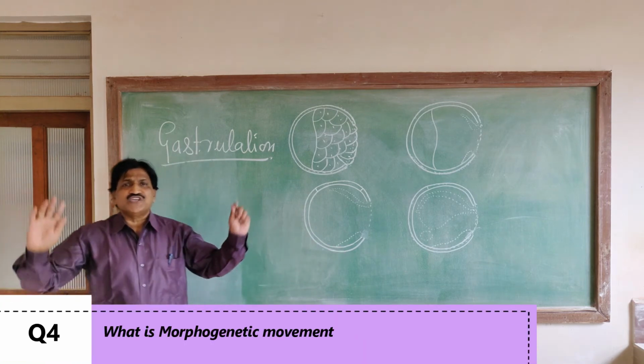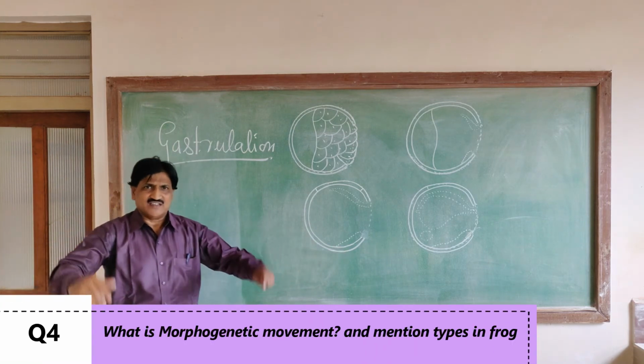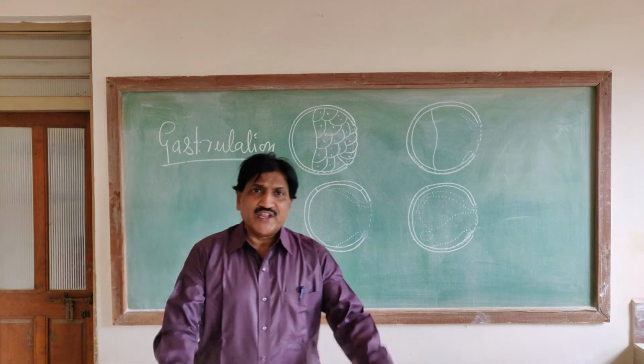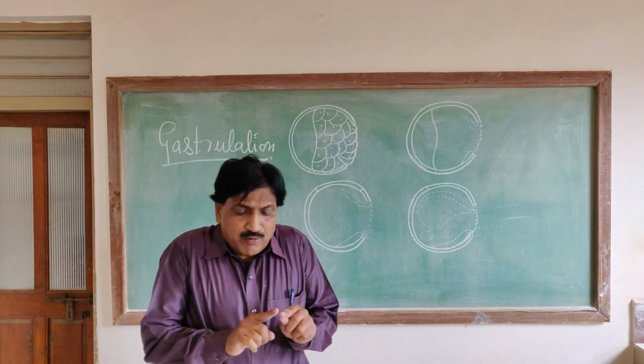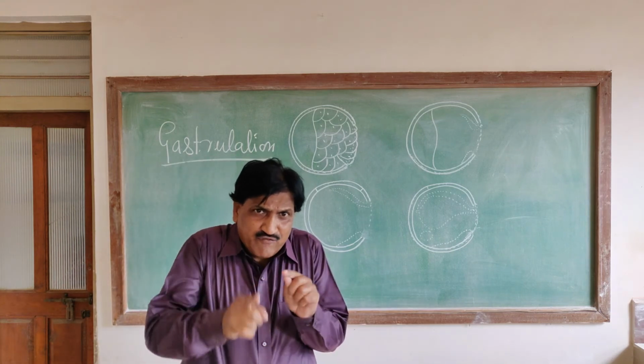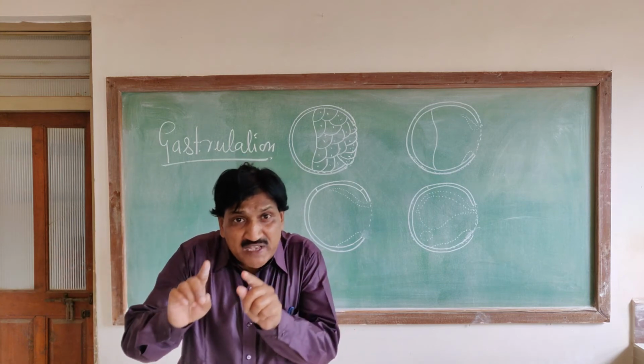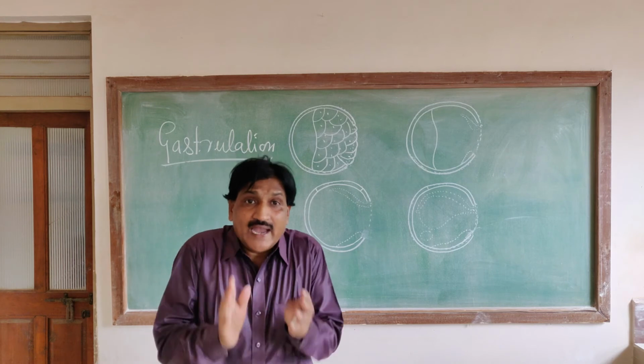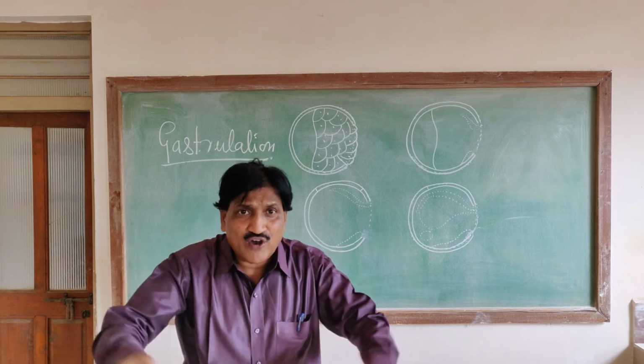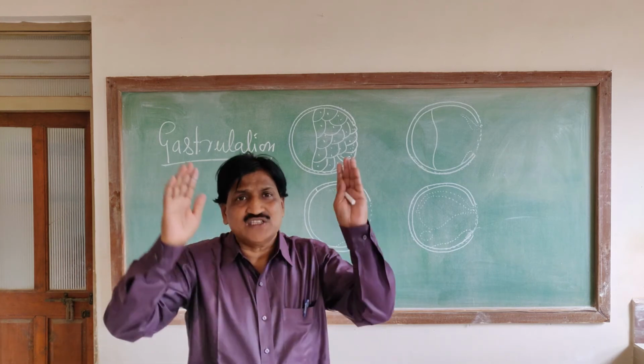What is morphogenetic movement? You have to write the correct answer. During gastrulation, the blastomeres move from one place to another in a specific path and arrange themselves in the form of layers of cells.